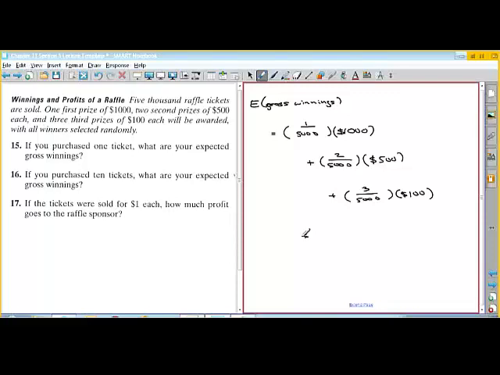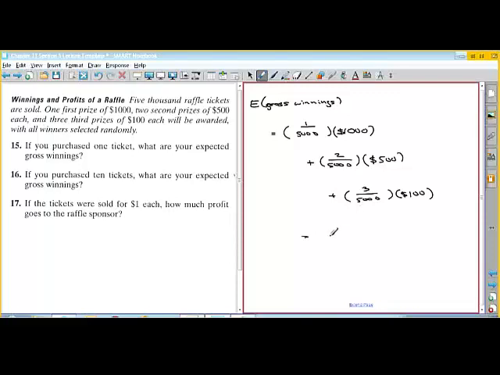So you get 1,000 divided by 5,000, plus 2 divided by 5,000 times 500, plus 3 divided by 5,000 times 100.